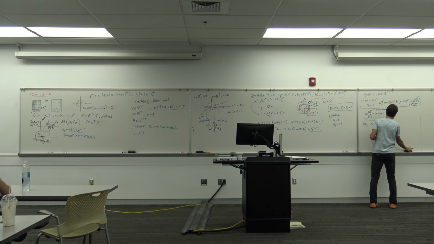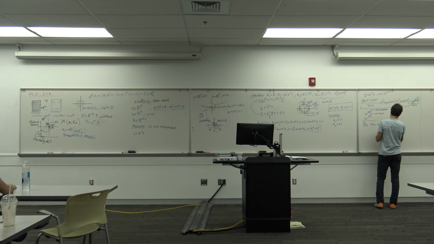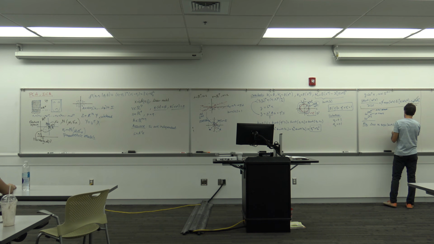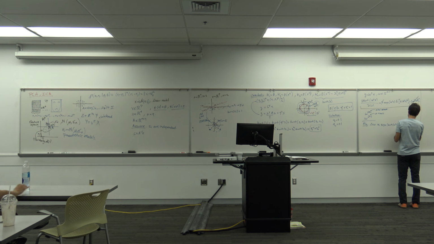The sign of W transpose X times the expected value of X times W transpose X to the third.